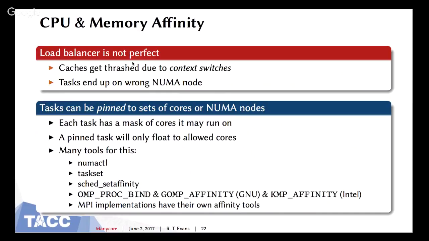So if you're running a hybrid code where you have tasks with threads, what MPI is going to do is give you a range of cores that process can run on. And it's up to you to set these other environment variables to make sure your threads are distributed correctly. Now, like I said, in general, if you're not using hyper-threading and you're not running on, say, a 2-socket or 4-socket system, the defaults on KNL are fine.